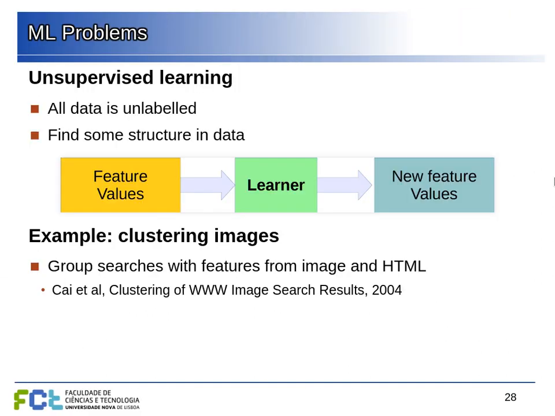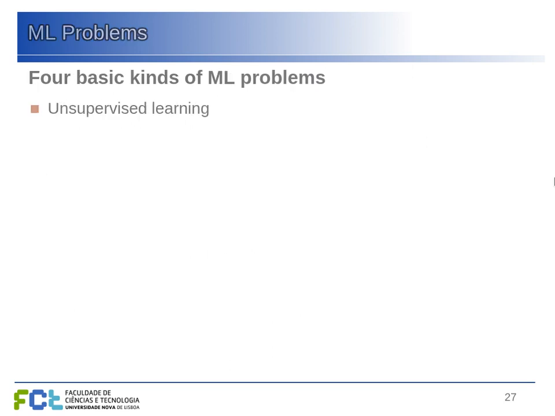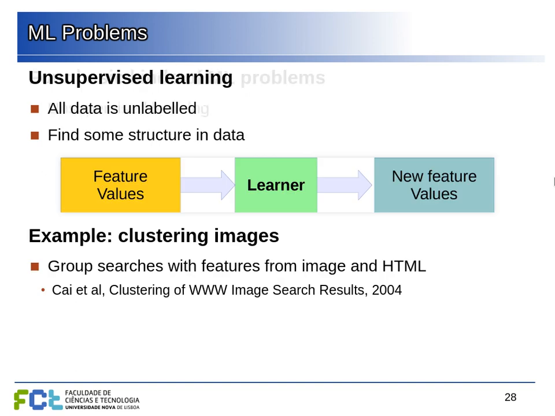So let's see some different kinds of problems in machine learning that we're going to cover here. First, a simple kind of problem is unsupervised learning. We have some features, we can describe our data with some feature values, for example, the coordinates of points, or color, height, weight, something like that, a set of features that describe each of our examples.